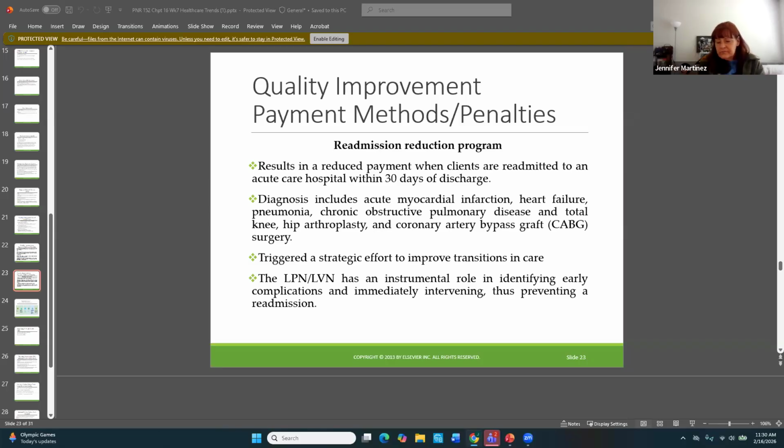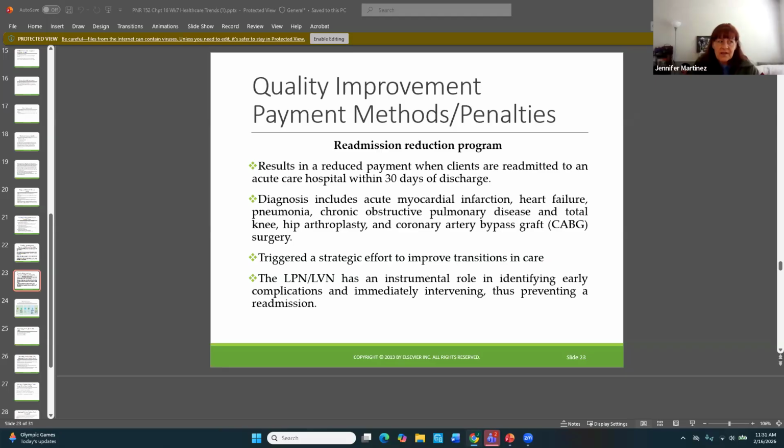So you're talking to your patient, they're getting ready to discharge, and maybe you pick up on some red flags about them going home. Make sure that you're bringing that to the attention of the RN or the case manager, right?